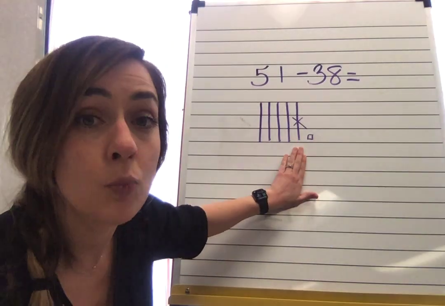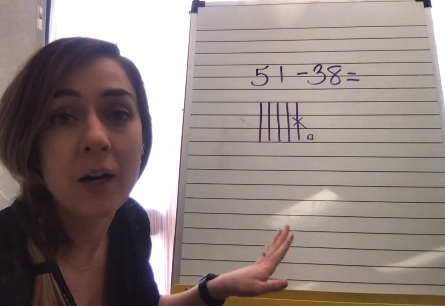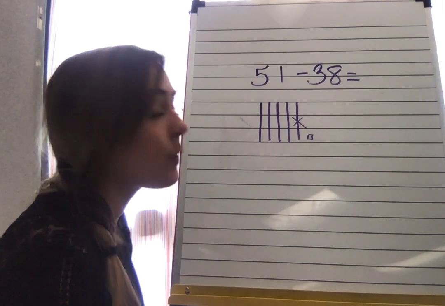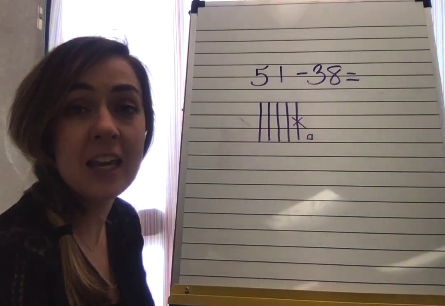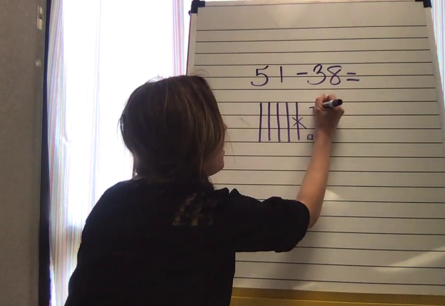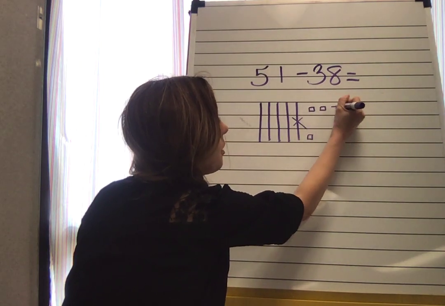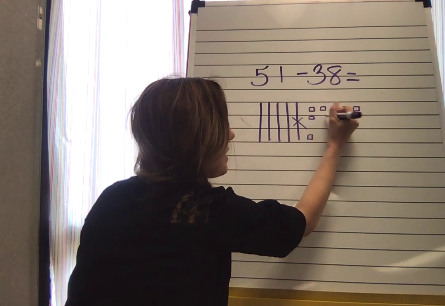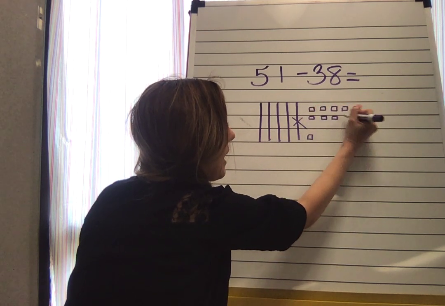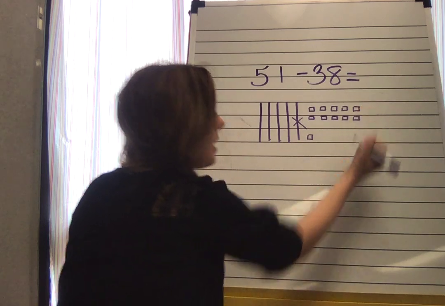But we haven't gotten rid of him. We've just broken him apart. He's not in a group anymore. So we have to now draw the 10 that he's broken up. 1, 2, 3, 4, 5, 6, 7, 8, 9, 10.